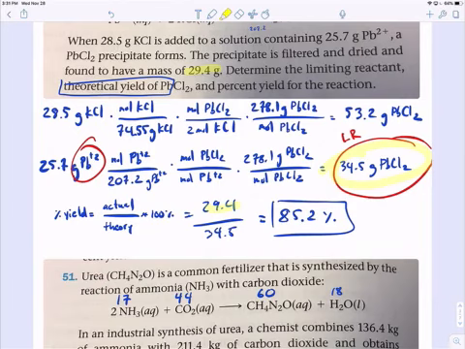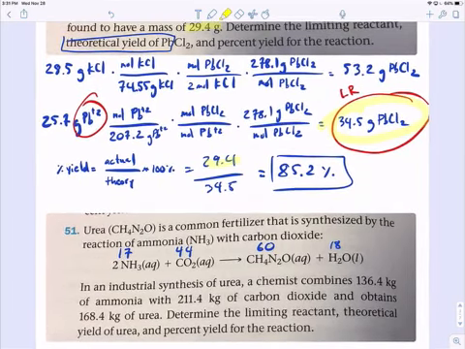Other questions? Okay. All right. Oh, and just forget the kilograms, just grams.